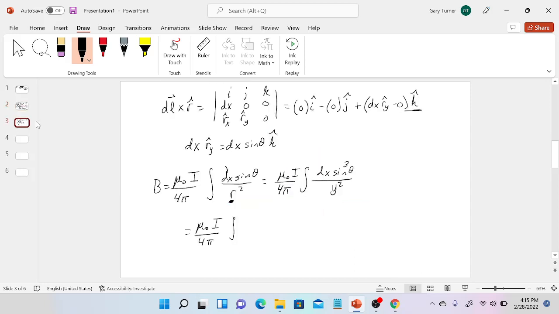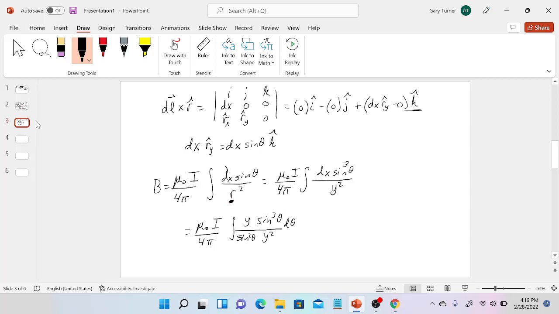So this is going to be y over sine squared theta. This is the cosecant part. Sine cubed theta over y squared d theta.